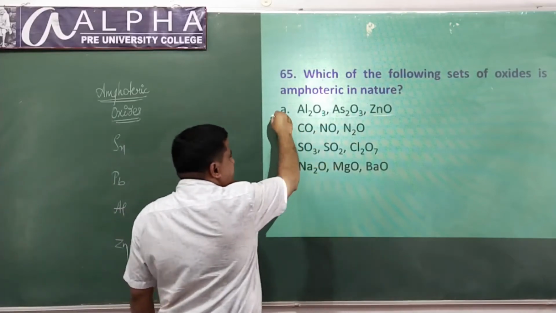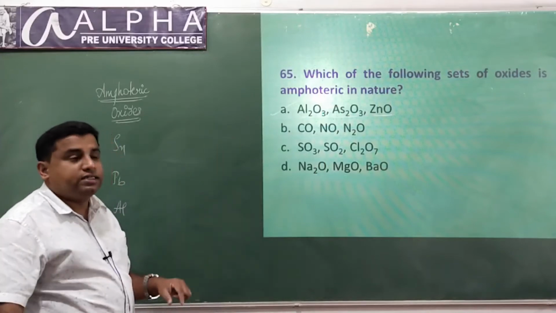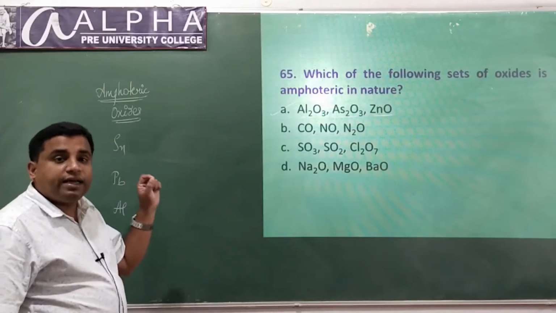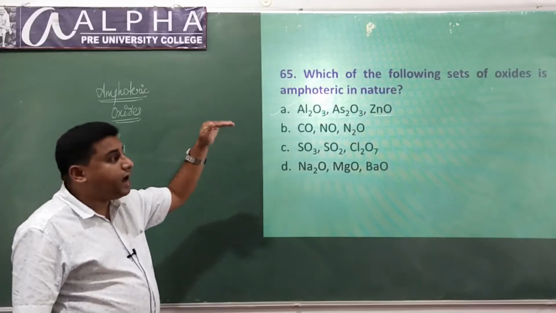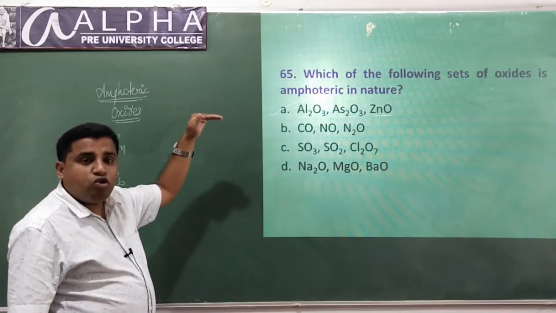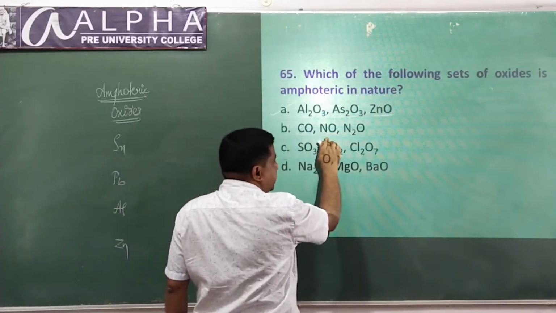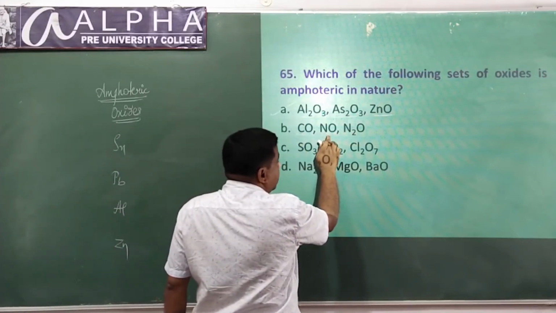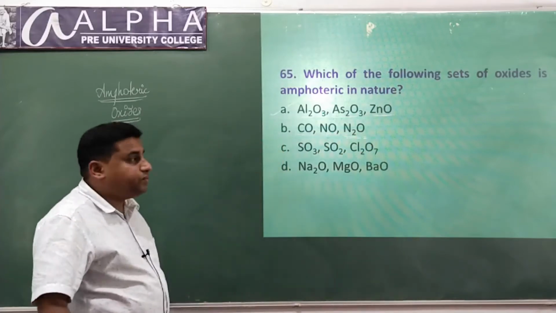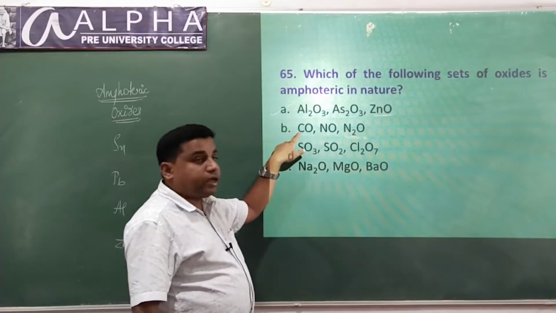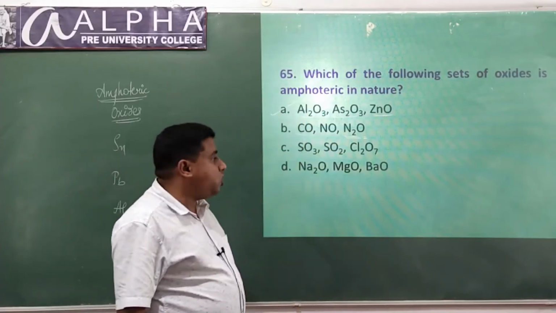Therefore I can clearly say that aluminium oxide, arsenic oxide and zinc oxide are amphoteric in nature. How about carbon monoxide, nitric oxide, nitrous oxide? They are neutral oxides.